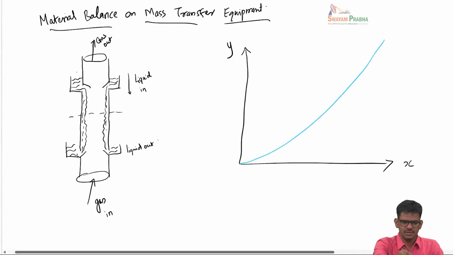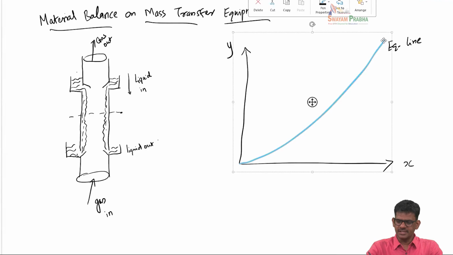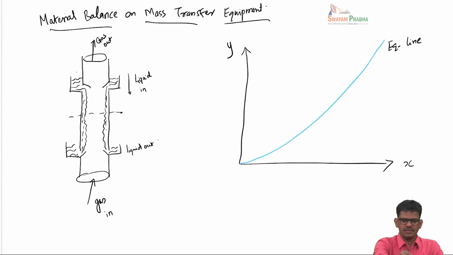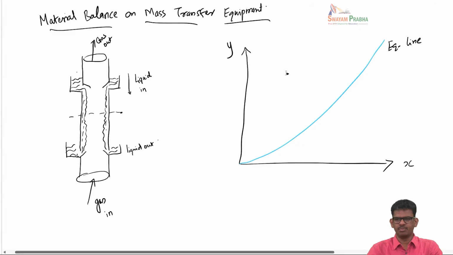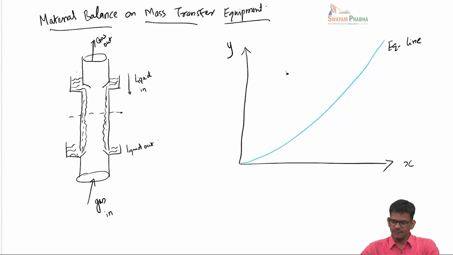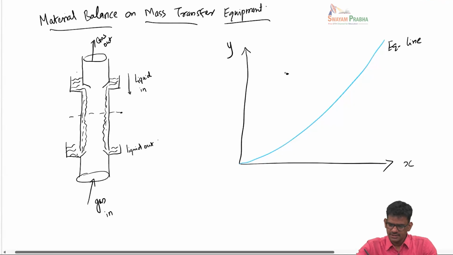At any point here, if I take the measurement of Y and X, that point may be located at this point P. Because of the flow of the two phases and the associated mass transfer coefficients, you have liquid phase and gas phase film coefficients, and we did a mass balance and showed that there is a line with a slope of minus kx by ky.